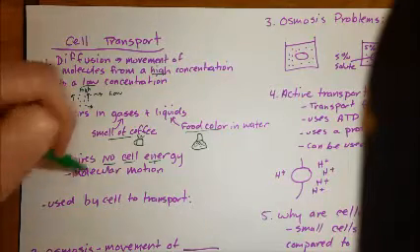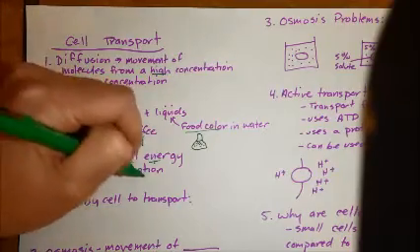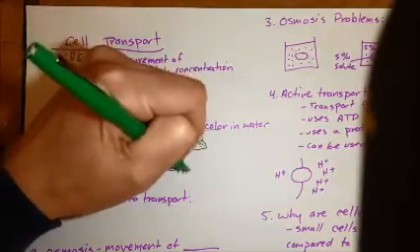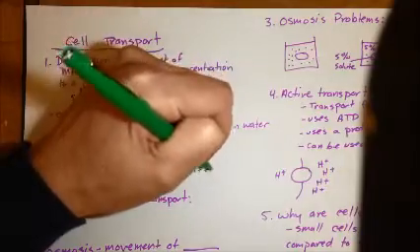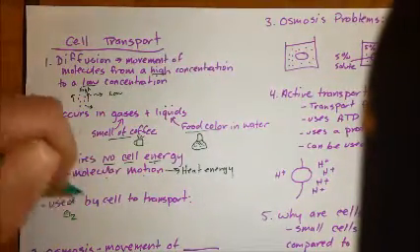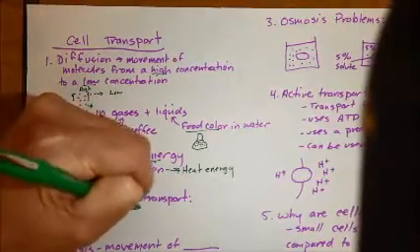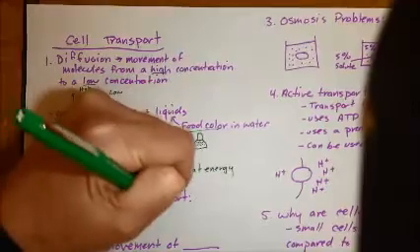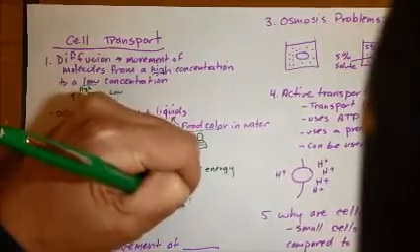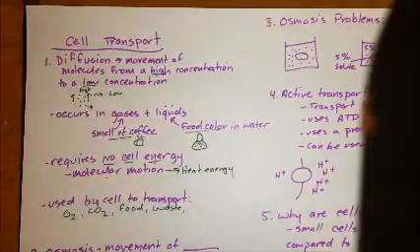Again, it doesn't require energy because the molecules have molecular motion because of the heat energy that they have. Examples of things that are transported by diffusion: oxygen, carbon dioxide, food materials, waste materials. Lots of different things can be used by this process.